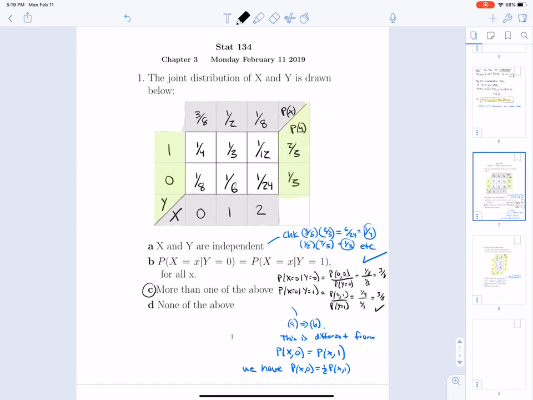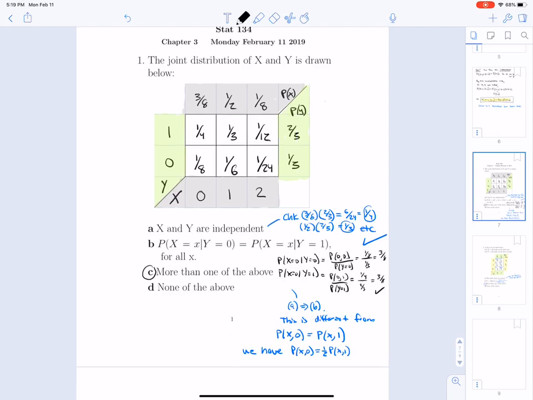And I should mention that you might mistake this to say that the probability of having x is 0 is equal to the probability of having x is 1. You can see that that's not the case here, because the lower row is half of the top row. But that's not what it was asking.